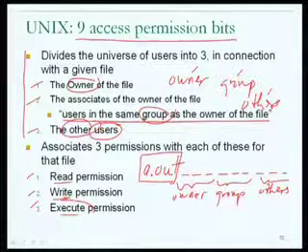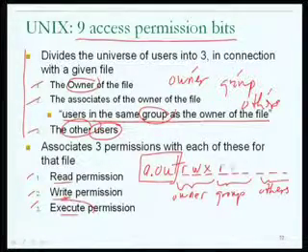Here we're talking about the file a.out, for example. What are the 3 bits? The 3 bits are permission to read, write, or execute the file, which are typically indicated by R, W, and X.